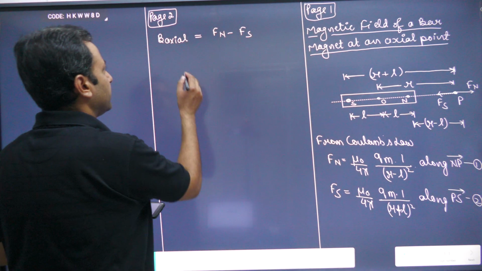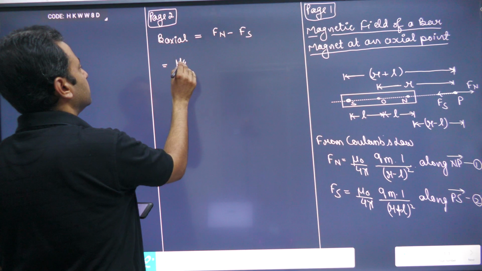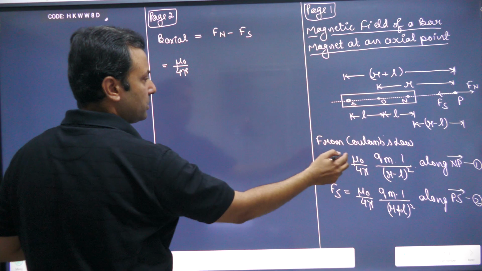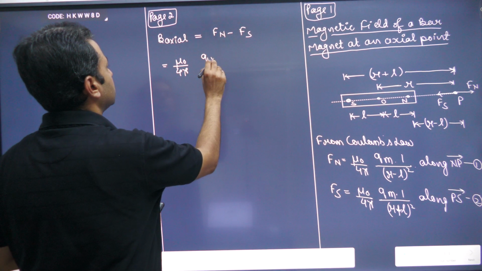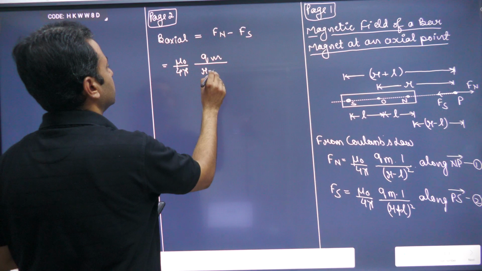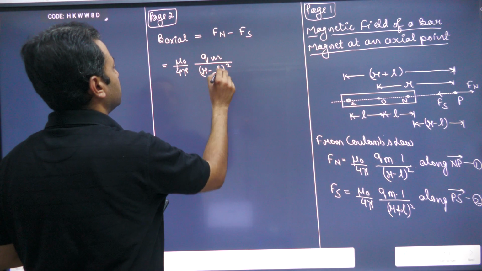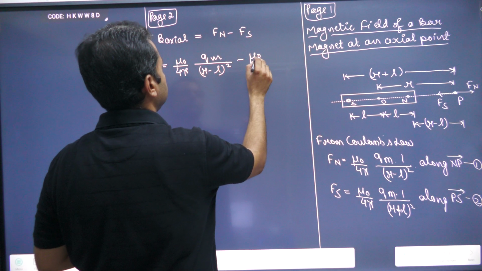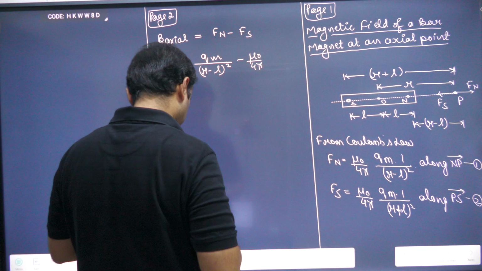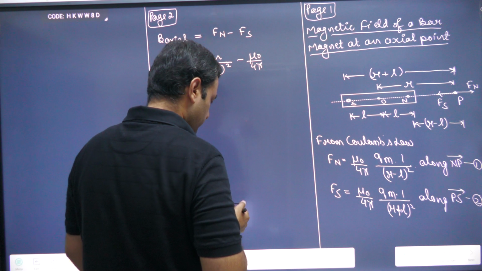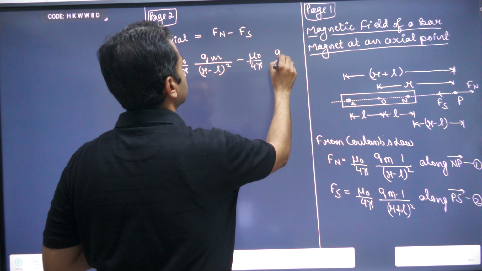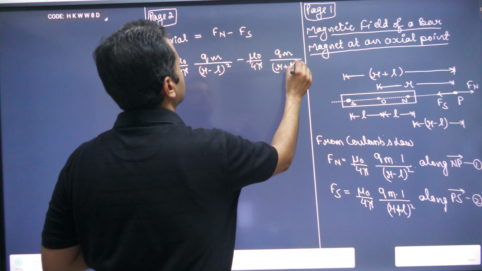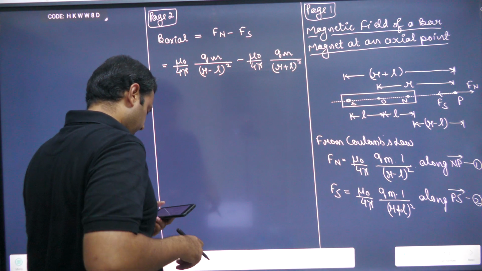It's mu naught upon 4 pi Qm upon (R minus L) whole square, minus mu naught upon 4 pi Qm upon (R plus L) whole square.